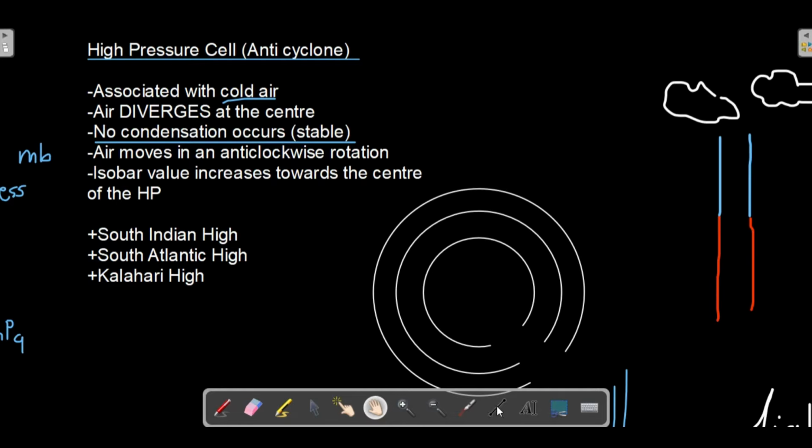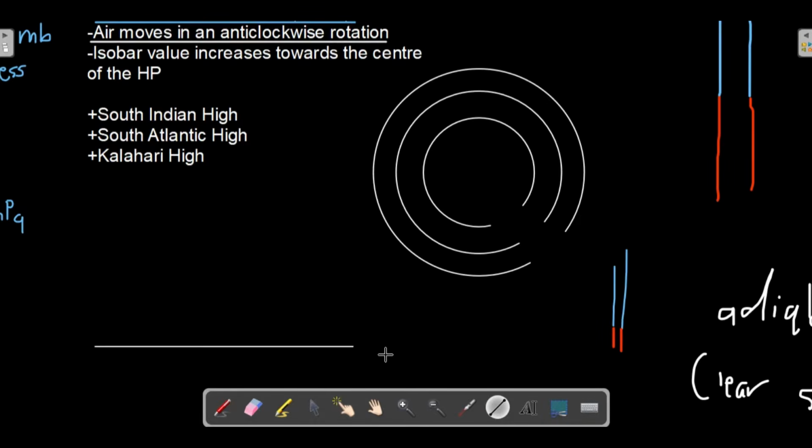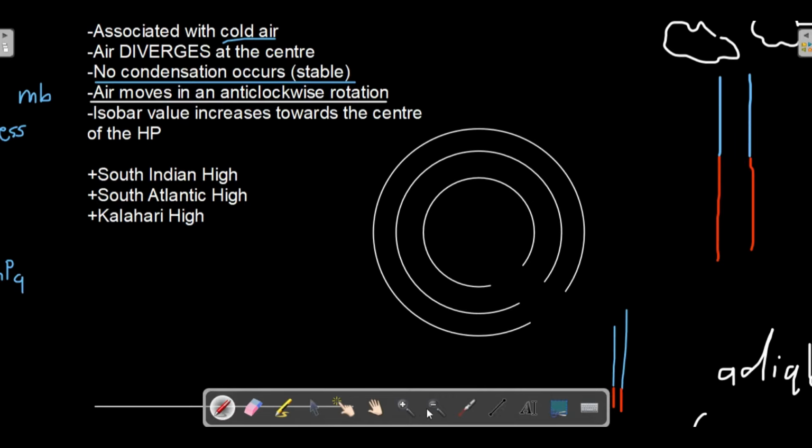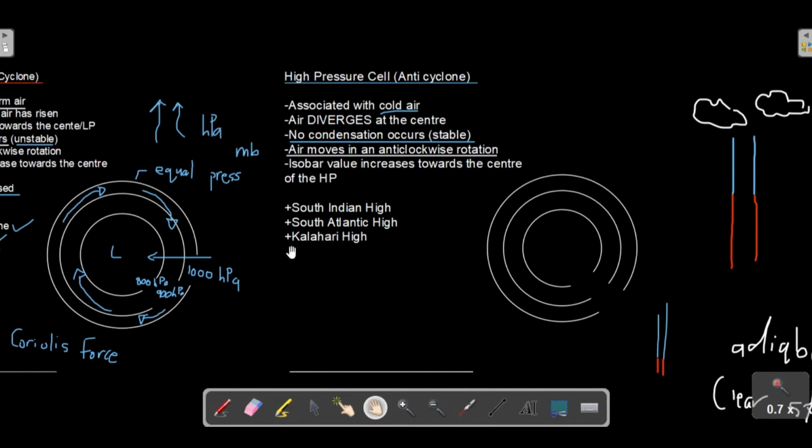And we also see that the air actually moves anti-clockwise. While the air in cyclones moves clockwise, the air in anticyclones moves anti-clockwise. Oh, that's actually clockwise.